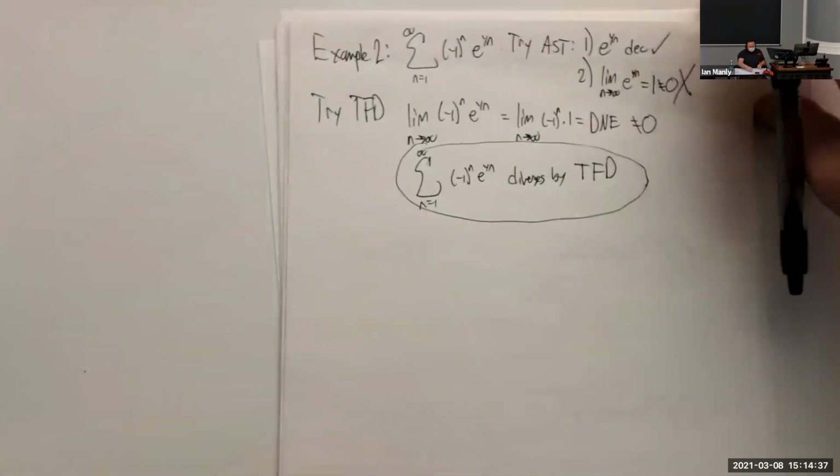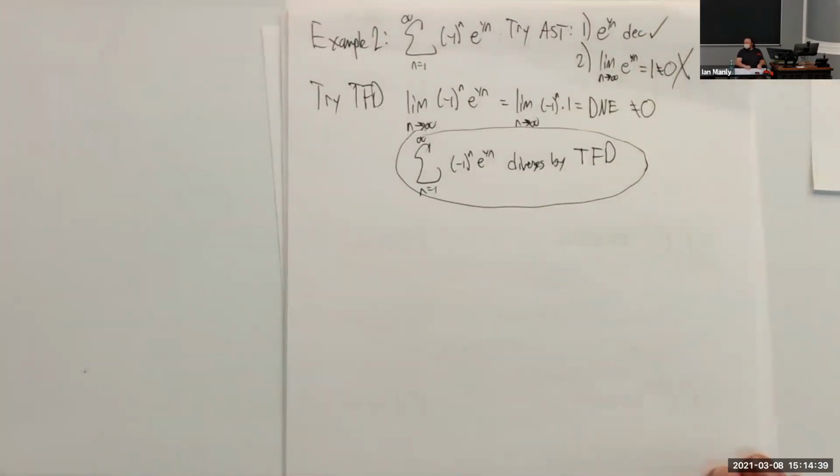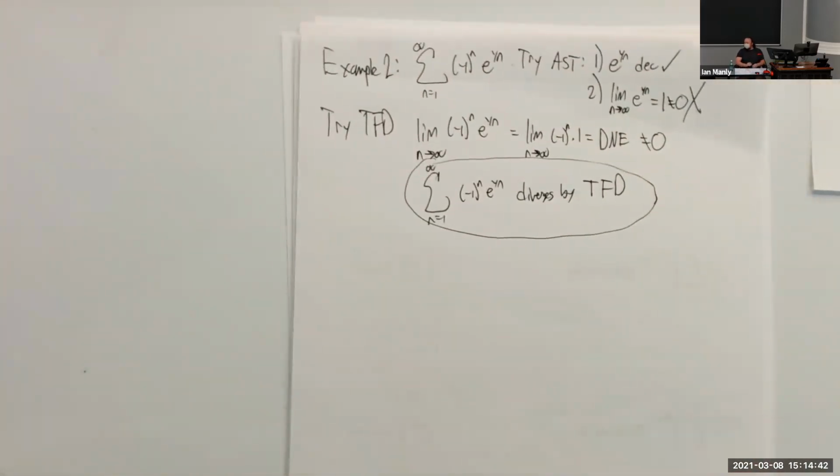One thing I want to talk about that's related to alternating series, but isn't quite the test here, is something called absolute versus conditional convergence. Now, what on earth is all of that?